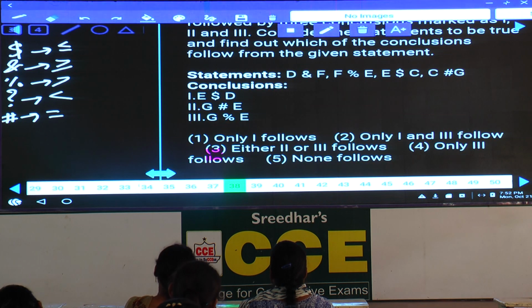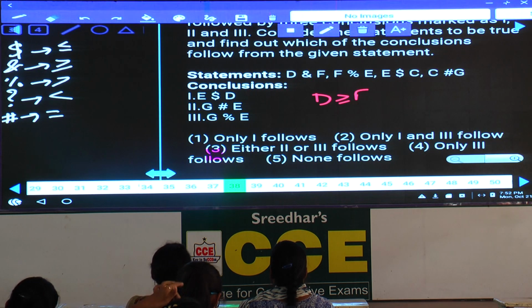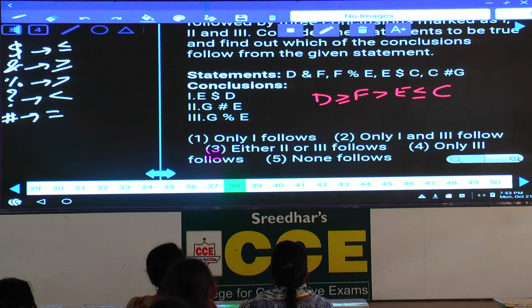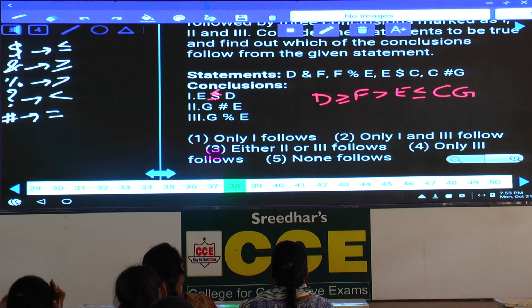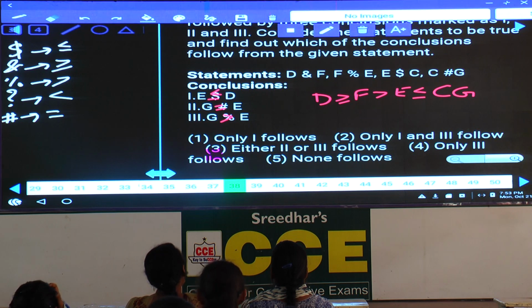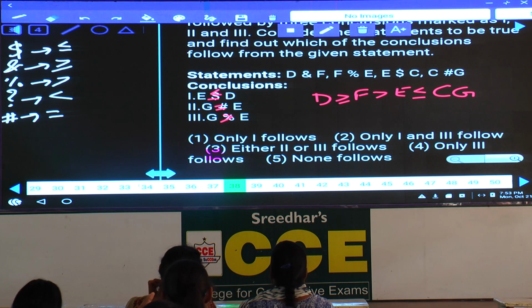Then coming to 38. Now D and F, D greater than or equals to F, F percentage means F greater than E, and E dollar means E lesser than or equals to C, and C hash means C equals to G. Now E lesser than or equals to D. Between D and G, D greater than E is true, but equals to E is false.